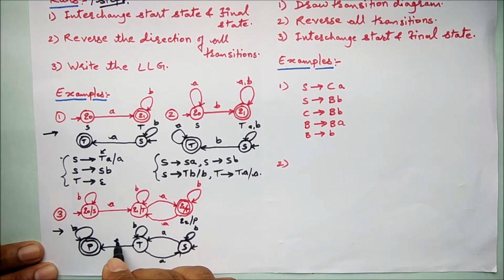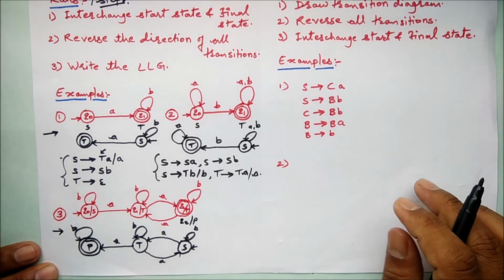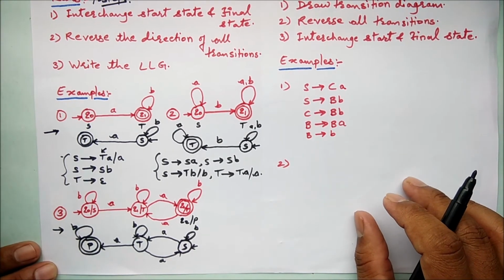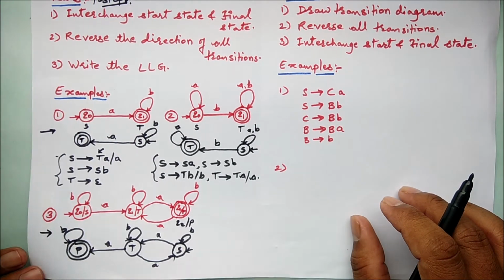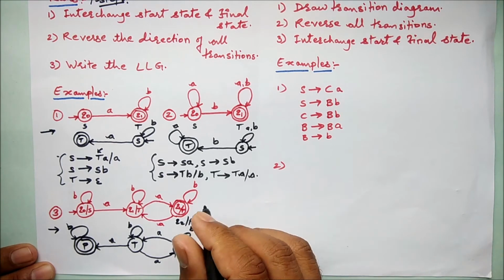And this is your A. So I think all the transitions I have drawn here, 1, 2, 3, 4, 5, 6, right? So as there are 6 transitions, we will have 6 production rules in our grammar, my dear friends, right?